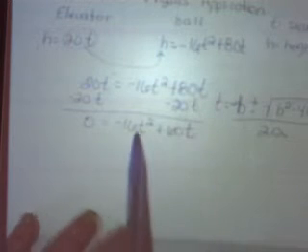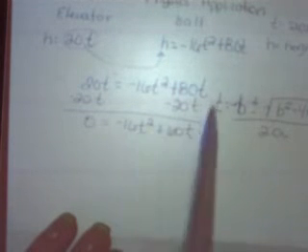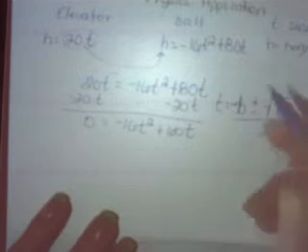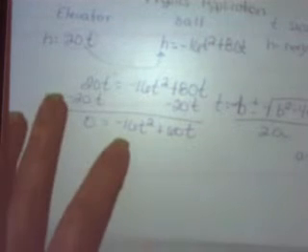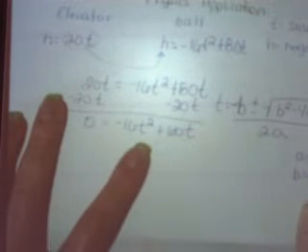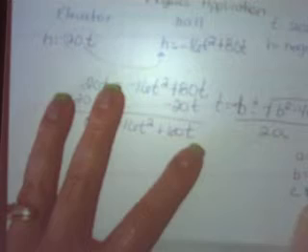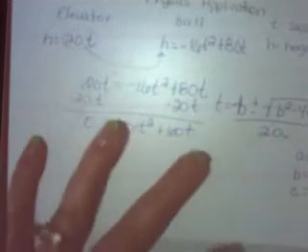I know you're used to seeing this as x equals, but in this case I'm solving for t, so I'm going to change it to t equals. I know my value of a is -16. I know my b is 60. I don't have a constant, so my c is going to be 0.